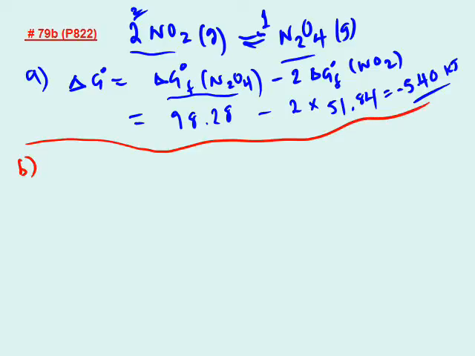For part B, we're going to calculate delta G for non-standard condition. Remember, for a standard condition for gases, it has to be 1 atmosphere. So in this case, the pressures for N2O4 and NO2 are not 1 atmosphere, so it's not under standard state.